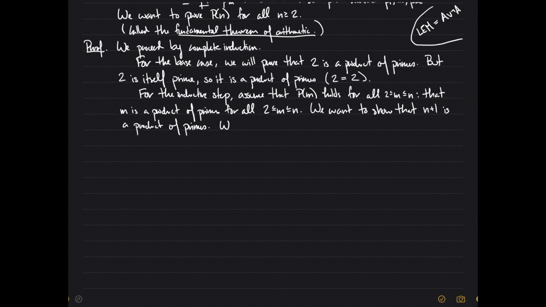So we know from the law of excluded middle that either n plus 1 is prime or it isn't prime.